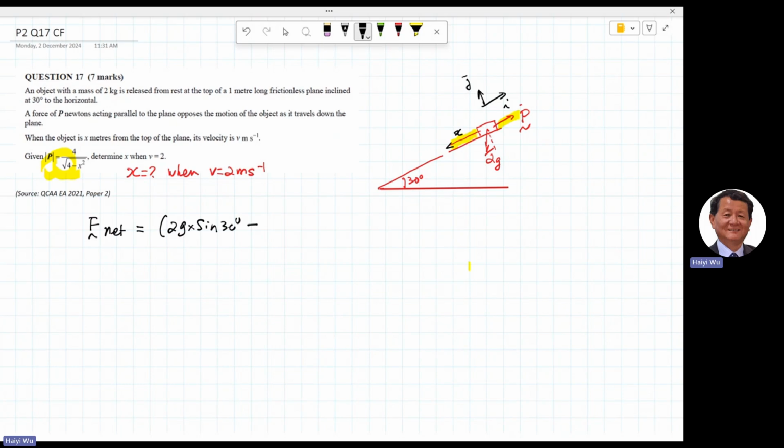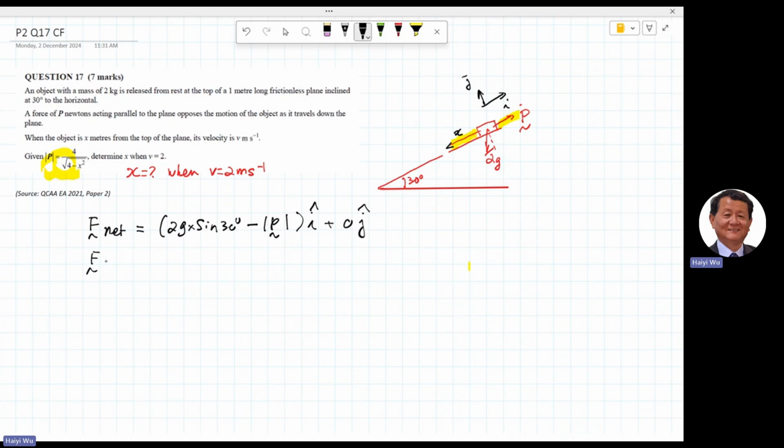Then minus the magnitude of P, because P pulls in the opposite direction. That's the i direction, and the j direction is 0, so we ignore that.